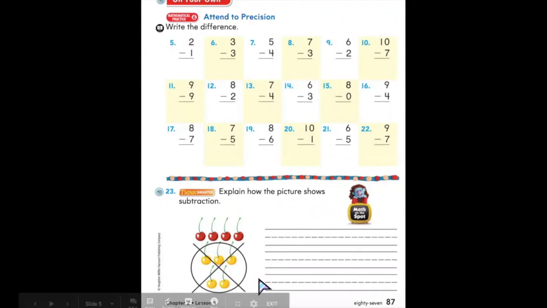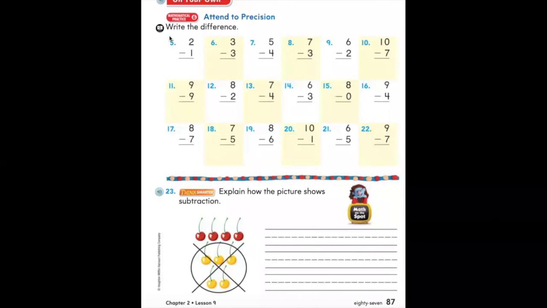Now let's turn to page 87 in our math books. At the top it says, on your own. That means this page is going to be done on your own, by yourself. For numbers 5 all the way to number 22, you are going to try your best to subtract.